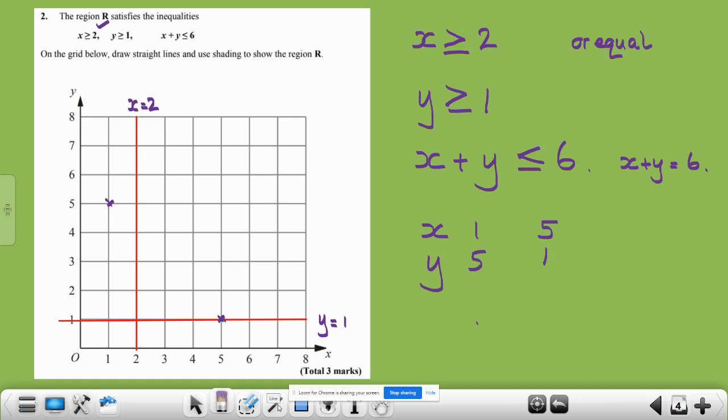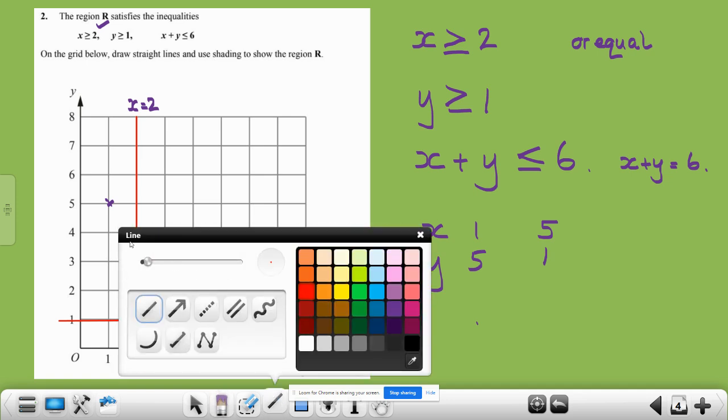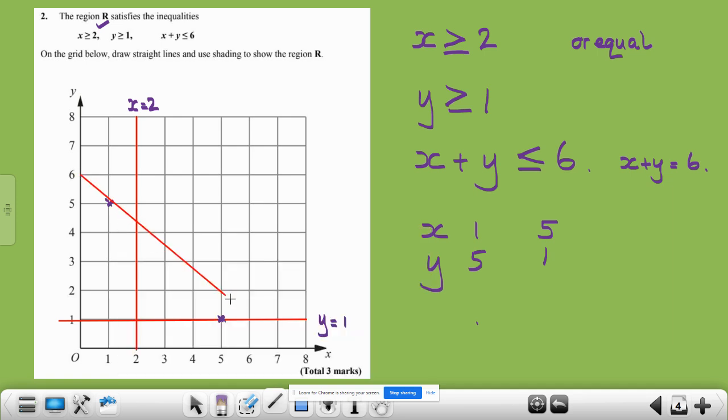So once we've got our 2 points, we can take our line, draw it in. We'll label that up x plus y. Sorry, I'm saying one thing and writing the other. Let's write it as I say it. x plus y equals 6.